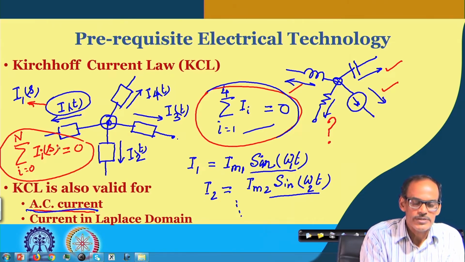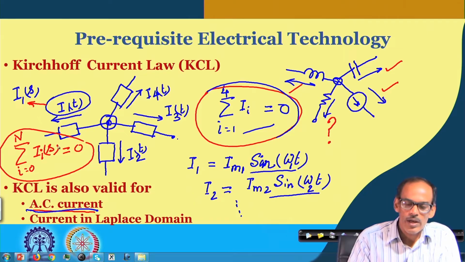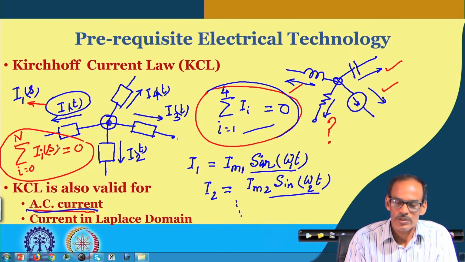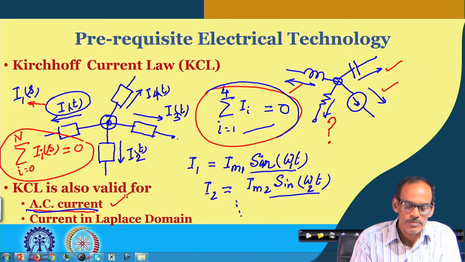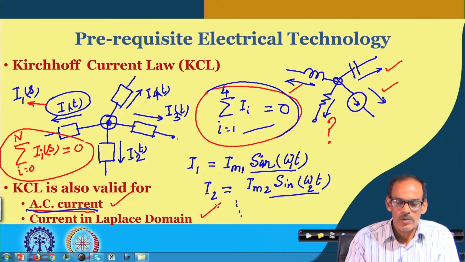So, that is very important for us. We are using this KCL, which you are already knowing, but we are also going to extend that to the AC signal domain as well as the Laplace domain based on our requirement.